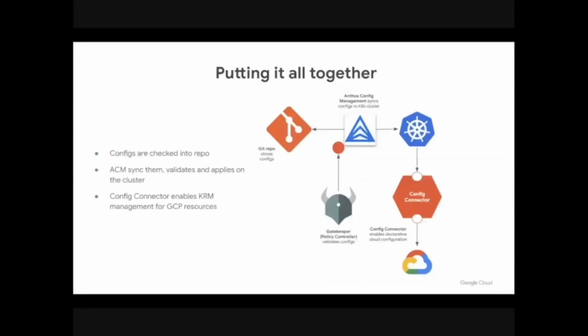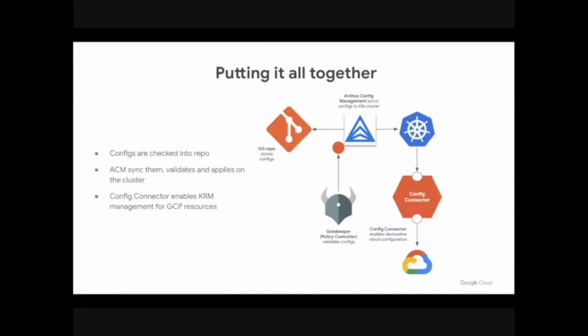So to put it all together, we first have our configurations and policies that we are going to check in to our Git repository. And then ACM will take care of syncing these policies and configurations if they are validated. That's where the policy controller piece comes into place.